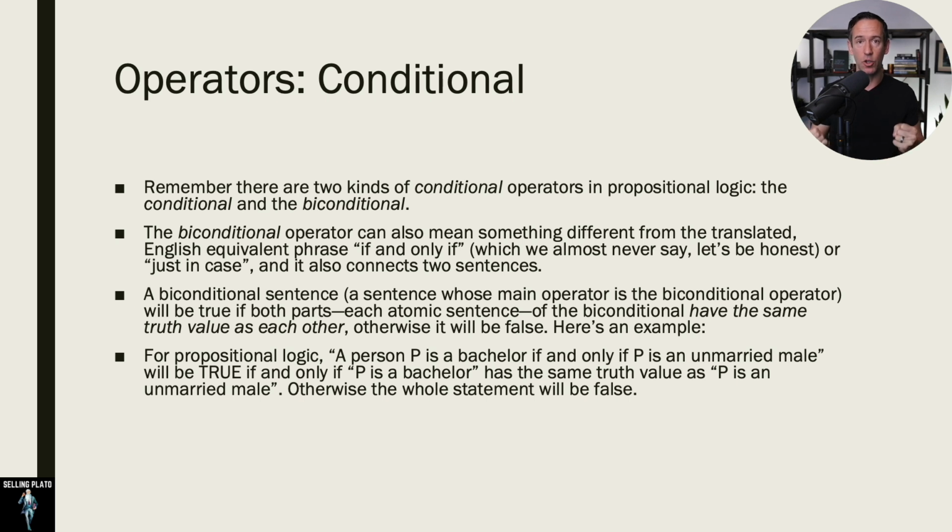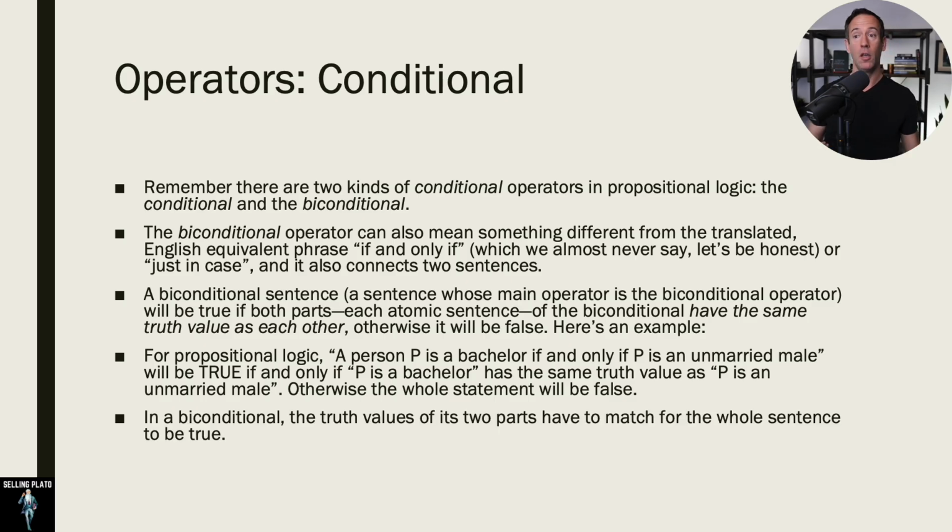That's the way it's going to function in propositional logic. In a biconditional, remember, the truth values of its two parts have to match for the whole sentence to be true. That's something you want to memorize: if I'm dealing with a biconditional, it's only true if both of its parts match in truth value.